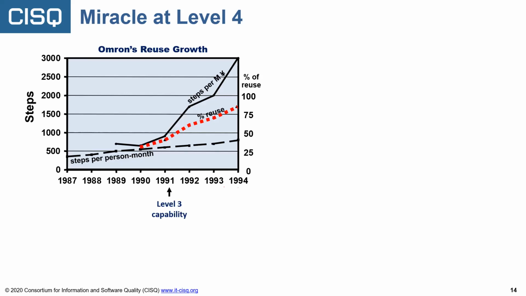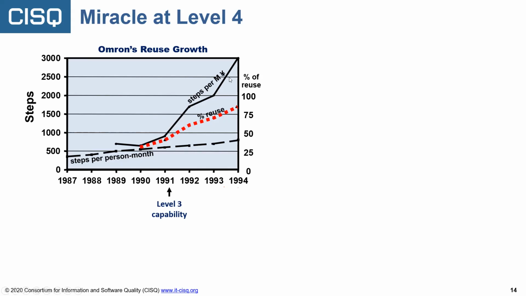As they got to level 3 there in 91, and they were using Watts's book and the questionnaire and anything we had produced at the SEI to kind of say, yeah, we're roughly at level 3. And as they got there and had a standardized process, their reuse exploded. I mean, the reuse dramatically increased. Their steps per million yen.